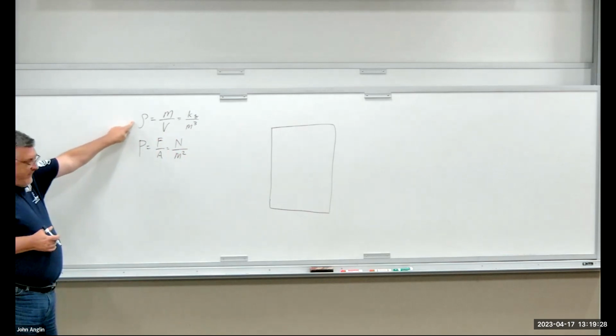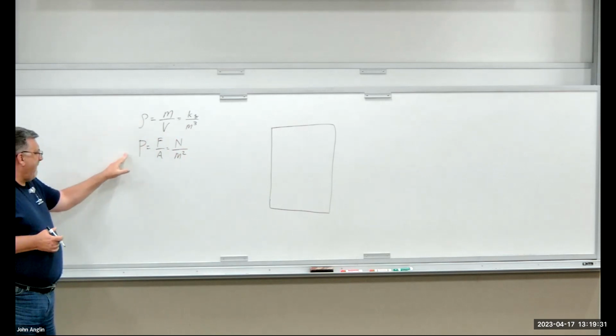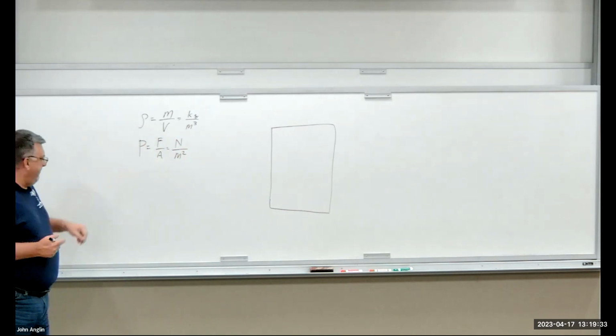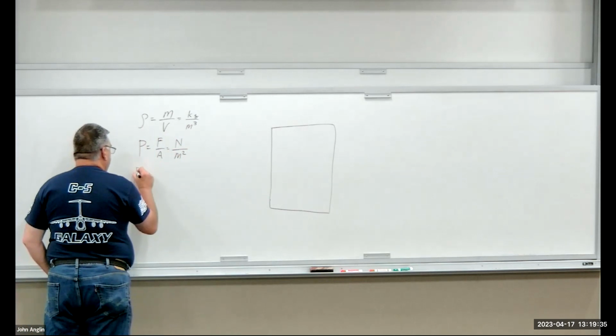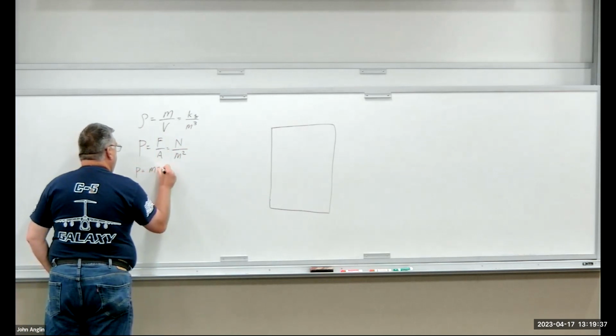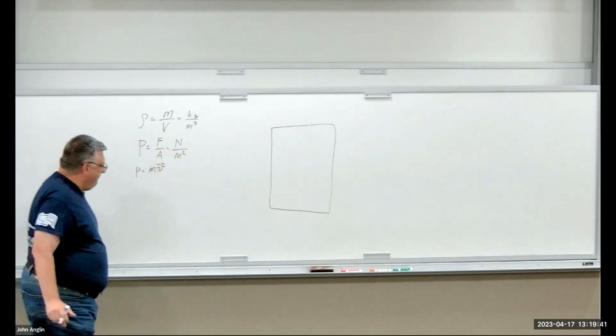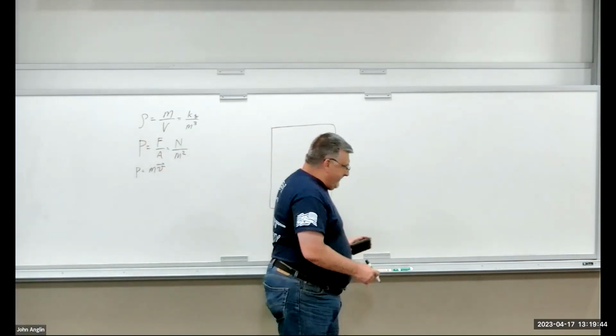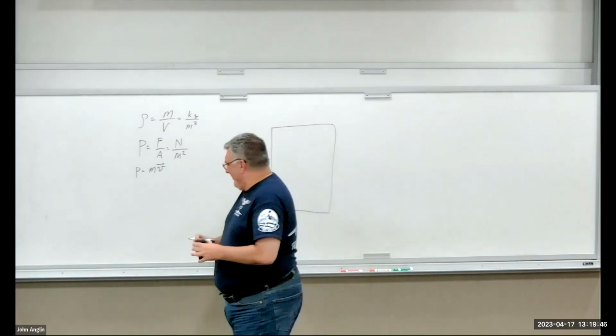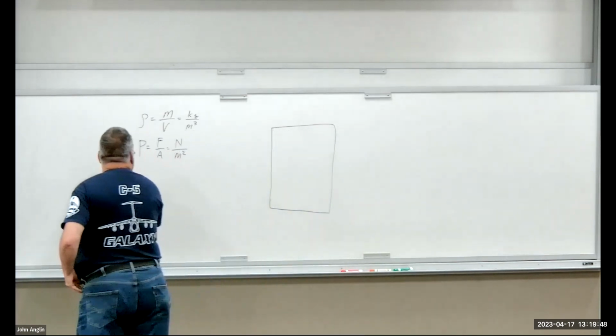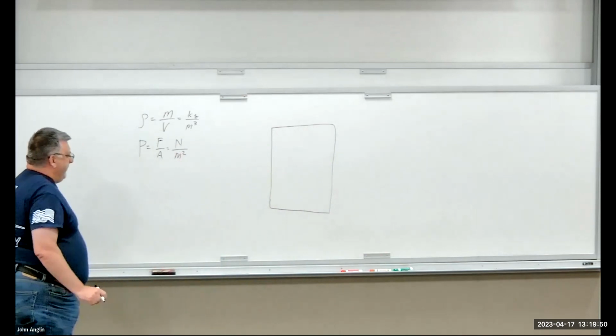We have rho for density and we have capital P for pressure, but remember we were using lowercase p for momentum. So it's one of those weird things in physics that you just kind of have to get used to, and you have to understand the context of what we're doing.